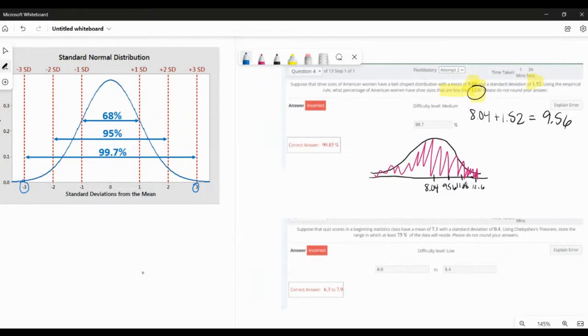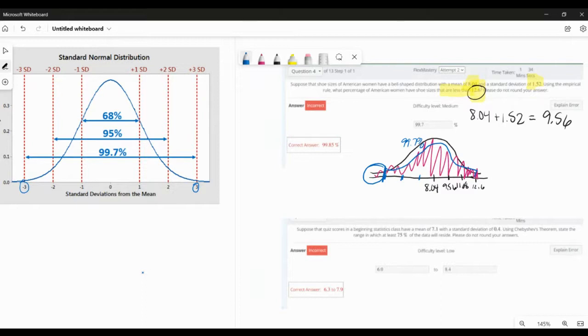Okay, but here's the deal: 1, 2, 3 standard deviations this way. If my answer is 99.7%, then that's just this part right here, and it's not including this little chunk of the curve that is more than 3 standard deviations away.